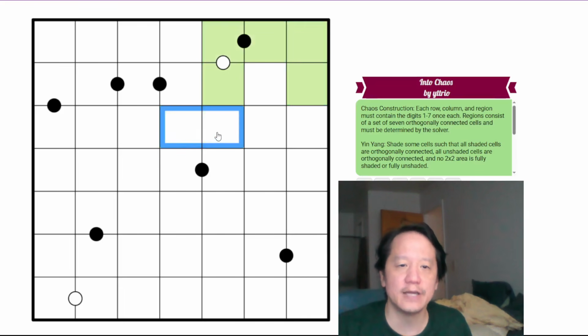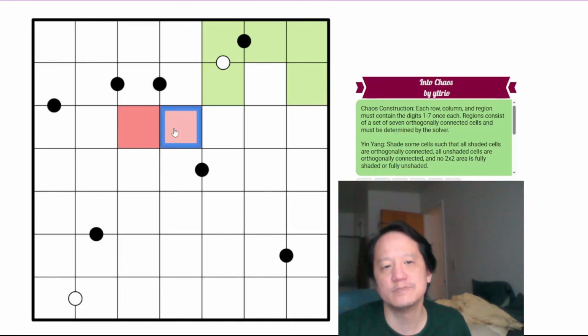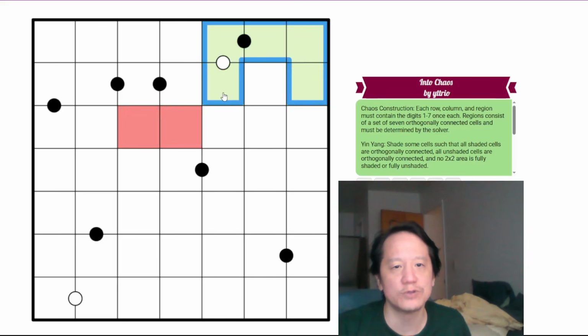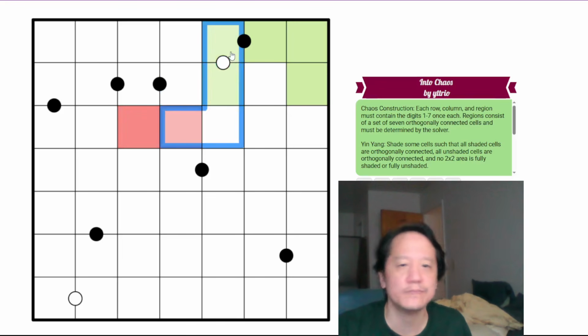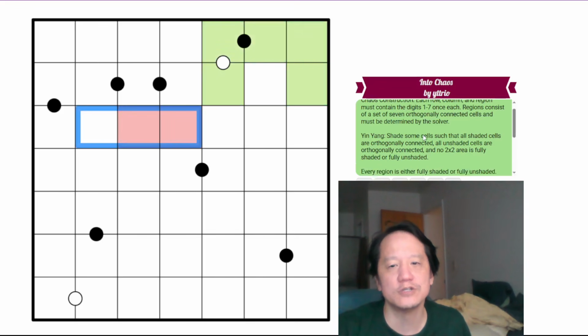An example of an invalid one would be something like this, because these two cells cannot connect to these cells just by going through edges while staying within the region. Even though they can connect to each other by doing so, they can't get to these cells here unless they go through a corner or they go through an edge and exit the region. So that's an example of how orthogonally connected regions work.